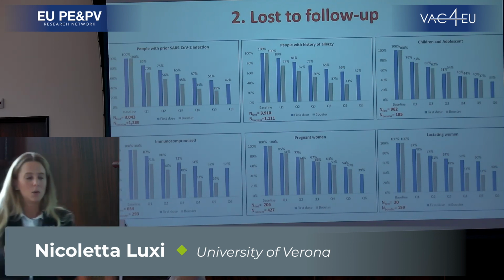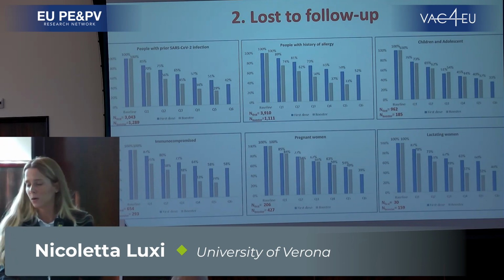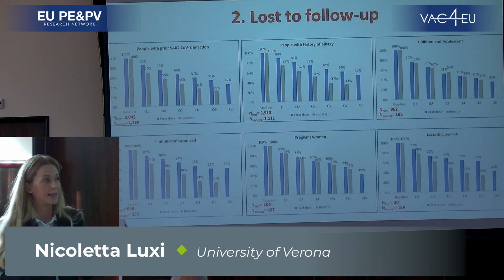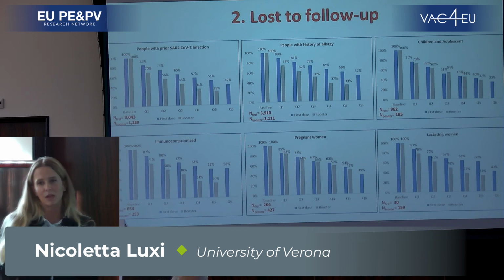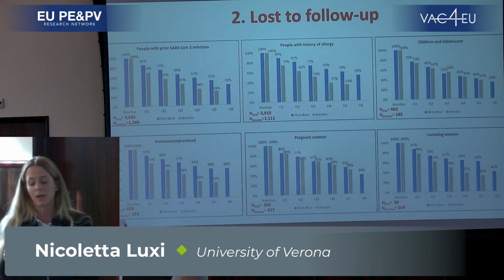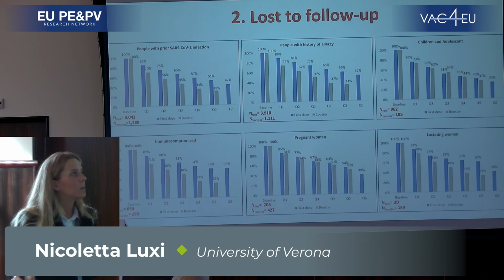The second point, the loss to follow-up. In general, in future studies we will include vaccinees with the baseline questionnaire and at least one follow-up questionnaire, meaning that, if you look at this slide, we are missing 15–30% of vaccinees recruited at baseline following the first, the second and the booster dose.